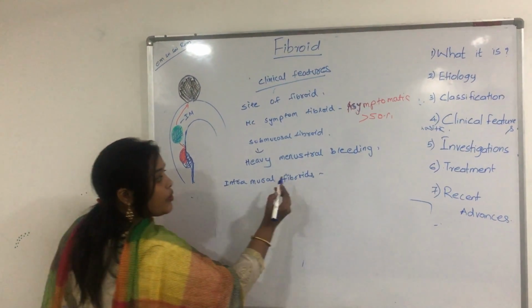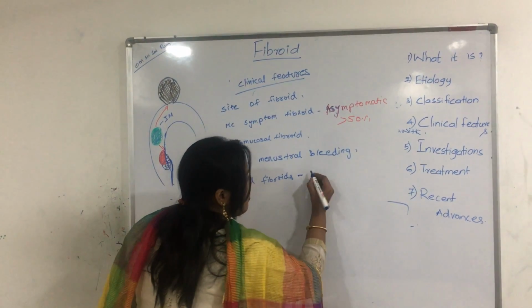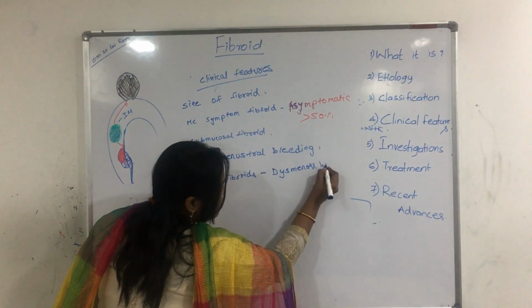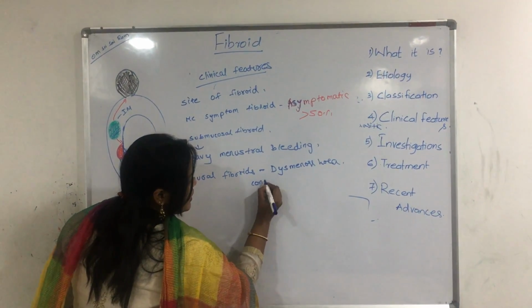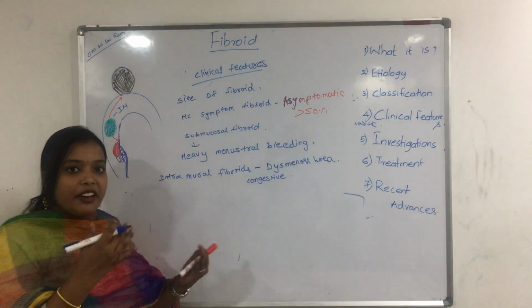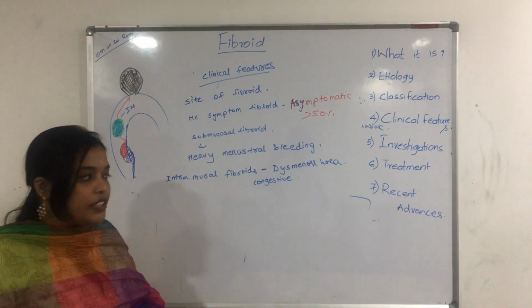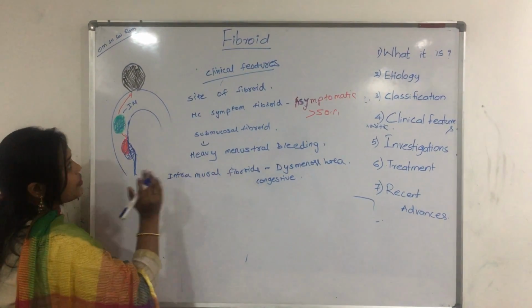So intramural fibroids present with dysmenorrhea, that is painful menstruation. And the type of dysmenorrhea is congestive dysmenorrhea. Any dysmenorrhea because of some secondary causes is always called secondary dysmenorrhea or congestive dysmenorrhea. So intramural fibroids mainly present with congestive dysmenorrhea.